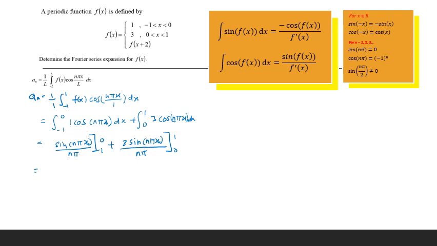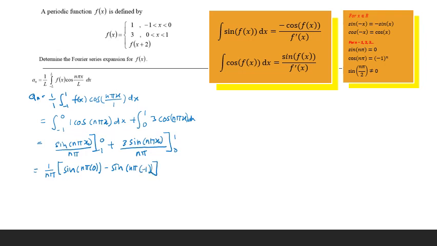So we substitute 0 and -1 into the x term. So 1 over n pi, I bring out this one. So we have sine n pi 0 minus sine n pi -1.